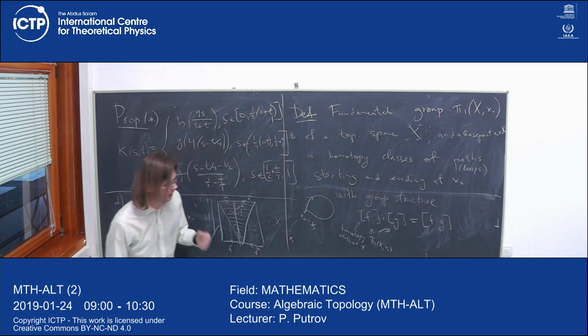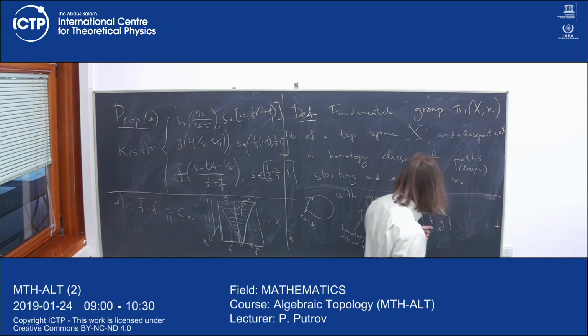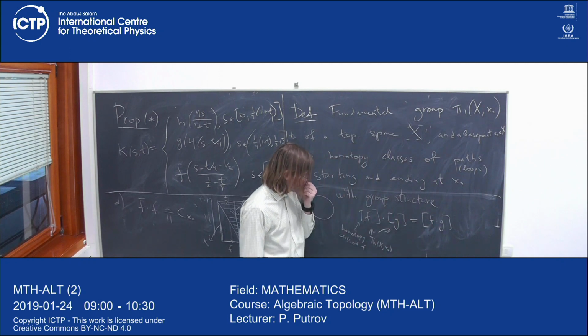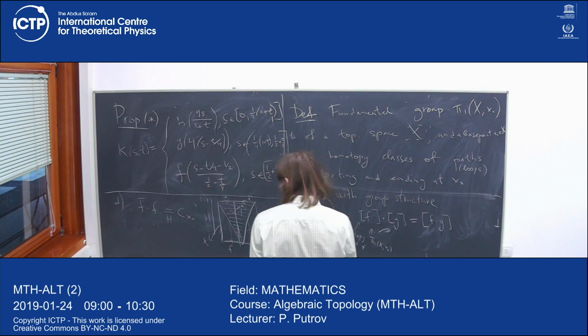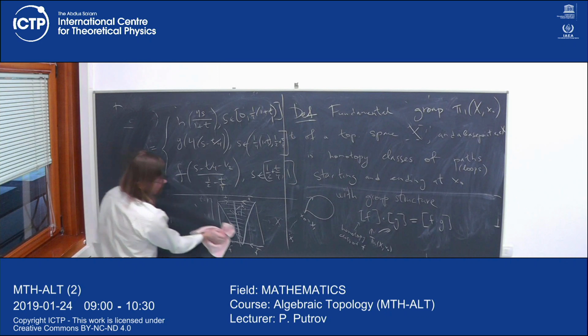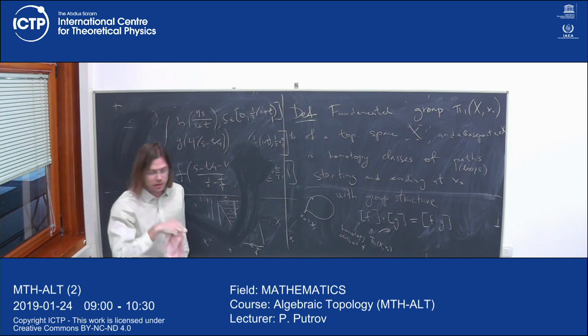So first of all, let me argue that this is well defined. This is a definition, but we have to check. But we have already got this from part E of the proposition. Yes, exactly.